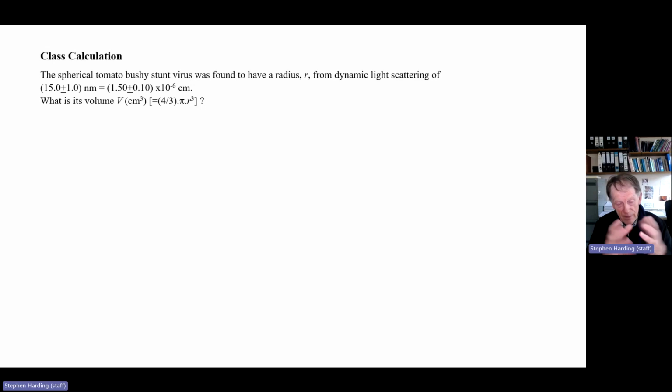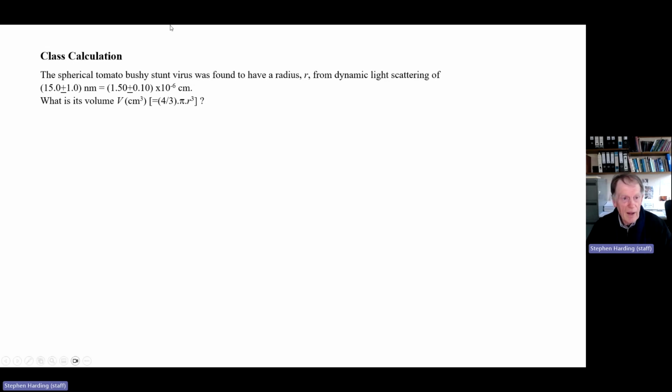But this was rather nice for testing out concentration dependence theories because it didn't aggregate. So almost like nature's perfect sphere, which remained as uniparticles. Anyway, this is the case for tomato bushy stunt virus.